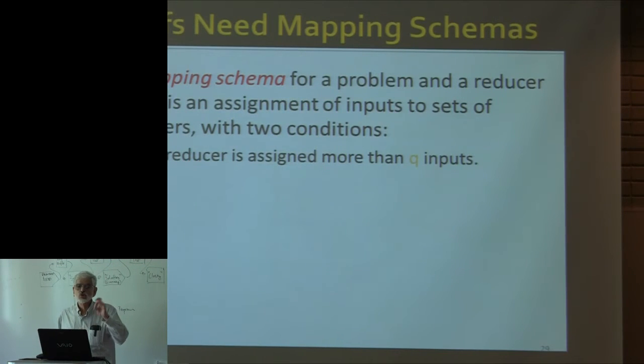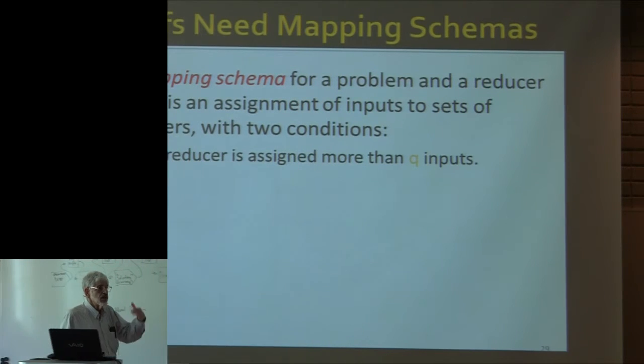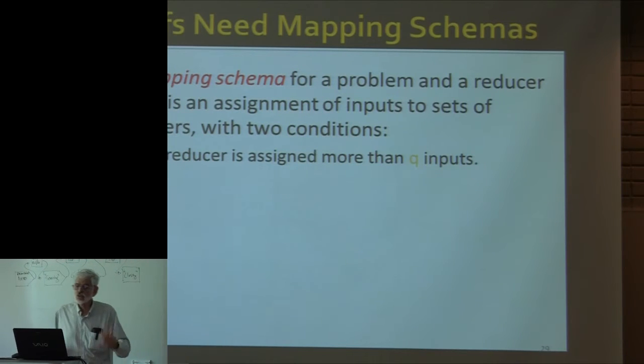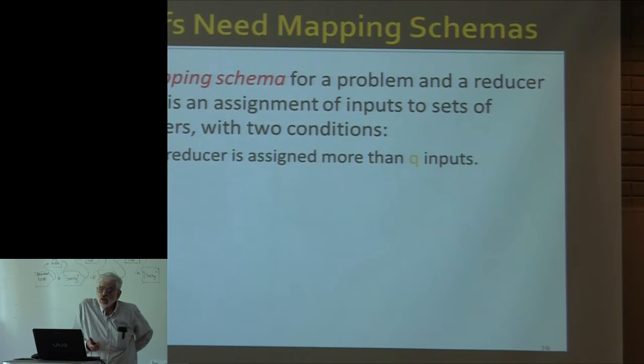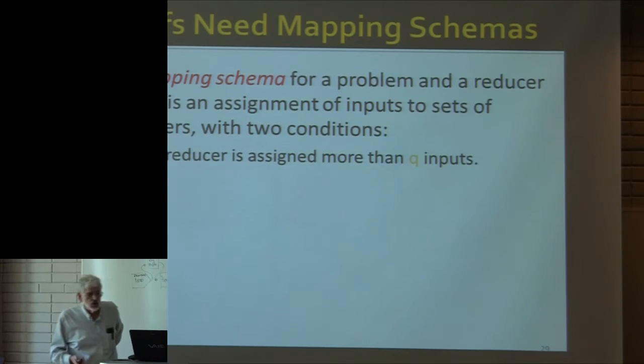So each input is assigned to some set of reducers, maybe 1, maybe 2, or maybe 3,000. Similarly, each reducer gets a set of inputs that are assigned to it. And the first constraint is the obvious one. It says no reducer can be assigned more than Q inputs. That's the definition of reducer size.